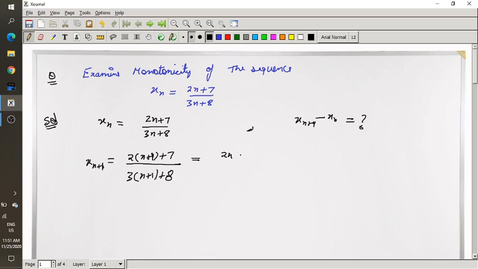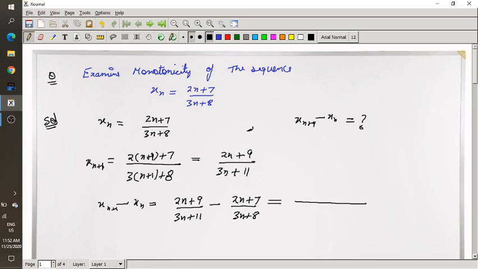It will give (2n plus 2 plus 7, which is 9) divided by (3n plus 3 plus 8, which is 11). So this is our n plus 1th term. If I subtract xn plus 1 minus xn, I will get (2n plus 9) divided by (3n plus 11) minus (2n plus 7) divided by (3n plus 8).